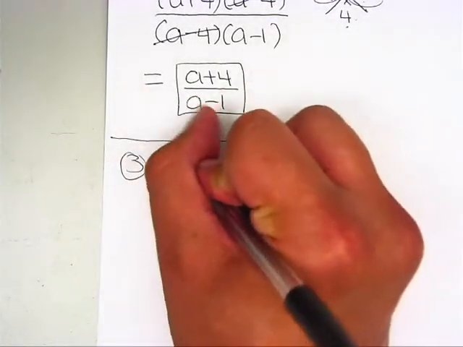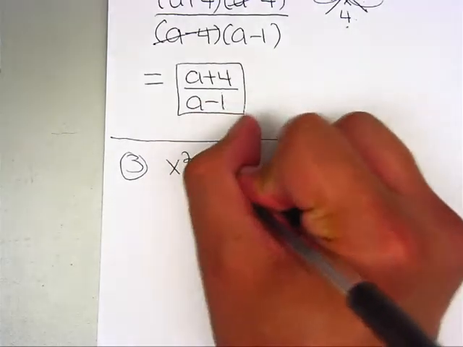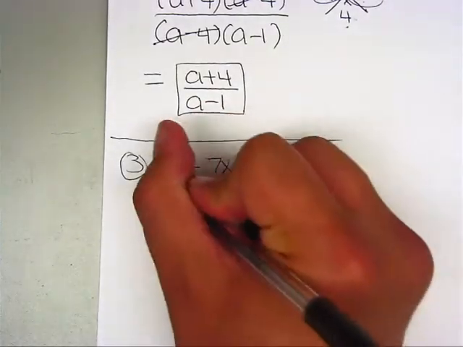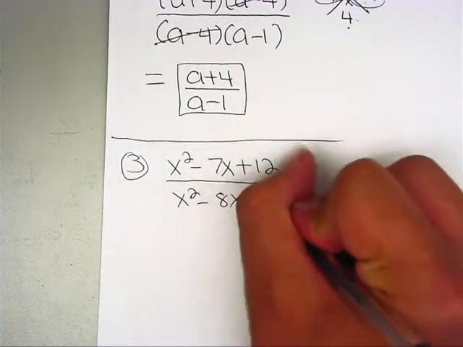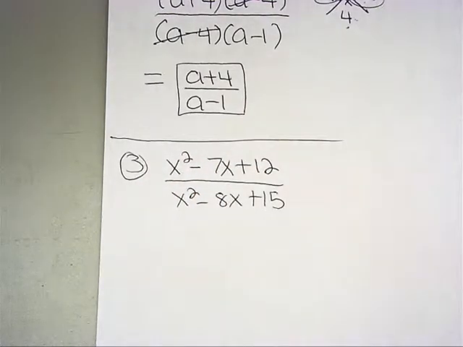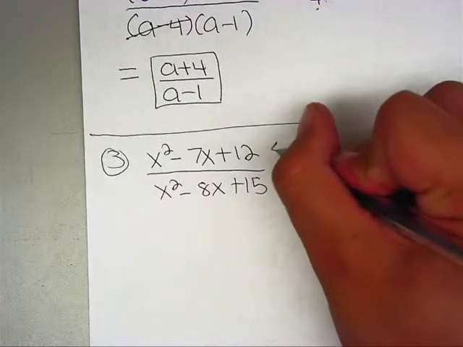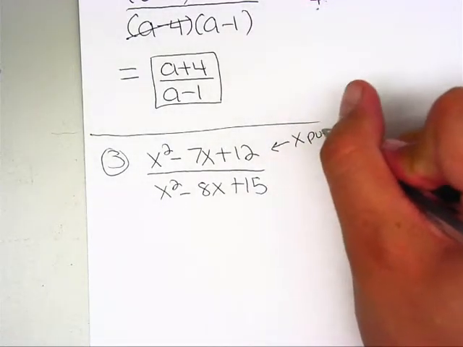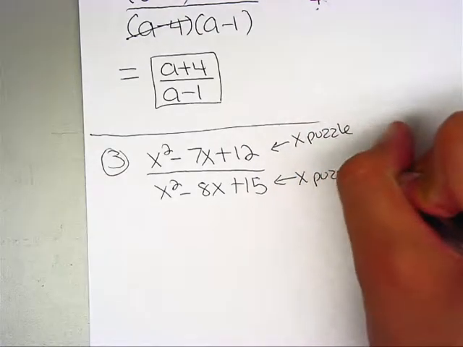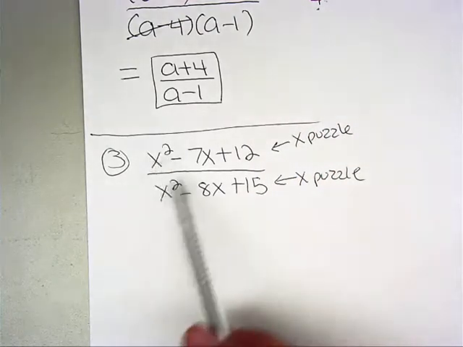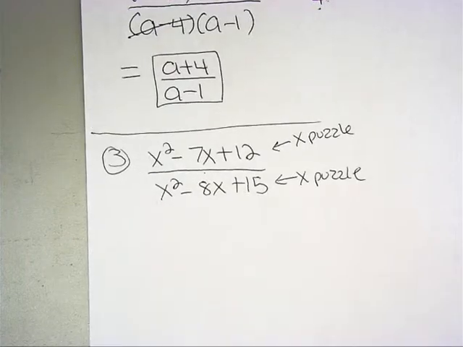Question 3 asks me to simplify x squared minus 7x plus 12 over x squared minus 8x plus 15. I see for the top and bottom, I'm going to do x puzzles. Because each of them has 3 terms without leading coefficients.